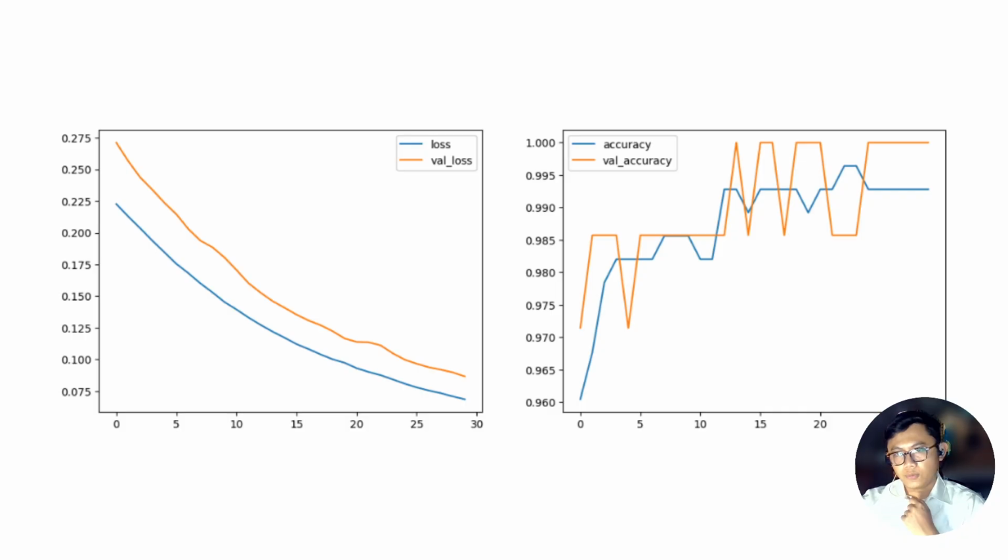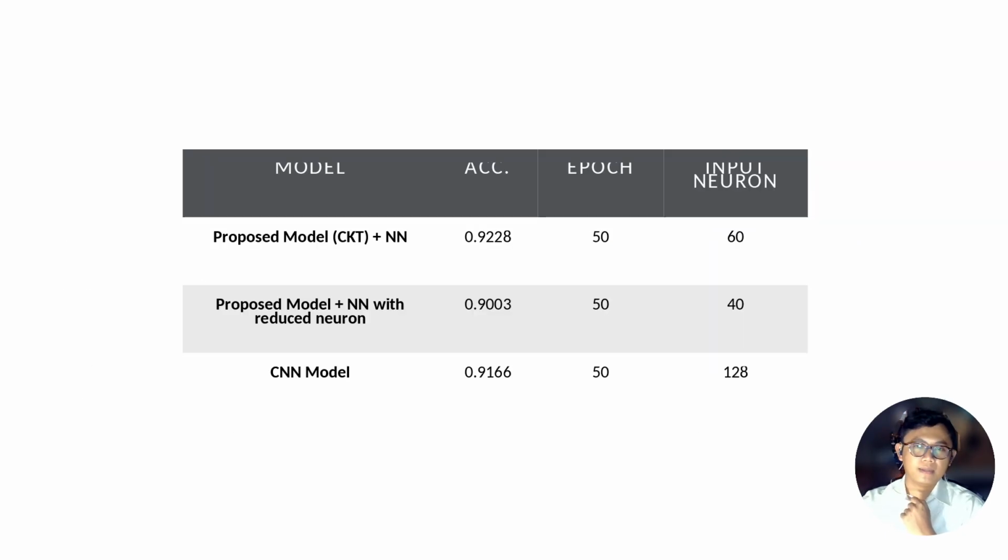In the accuracy, we can see that the validation accuracy, marked in orange, is also increasing and nearly reached 100%, but it's a little bit below 100.